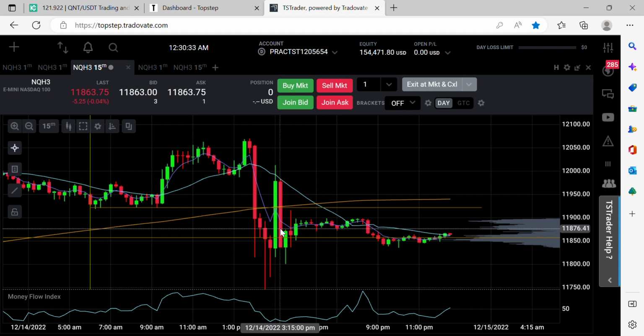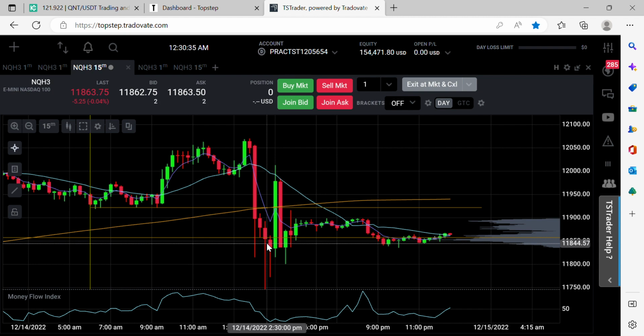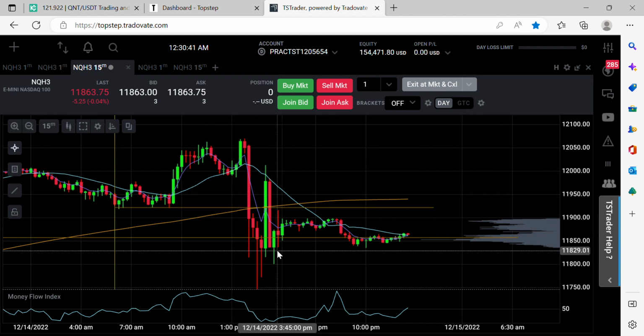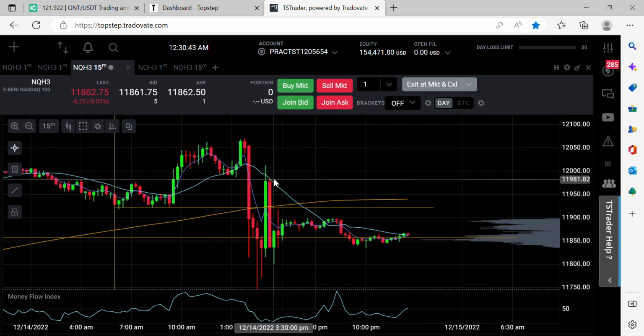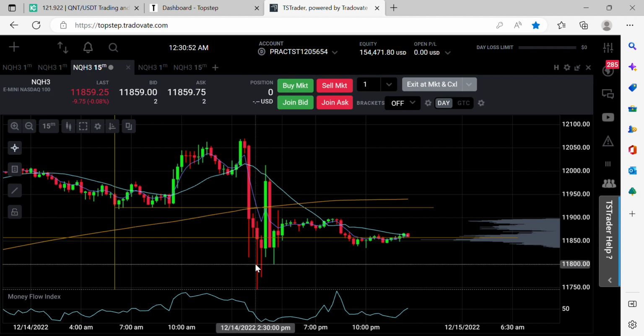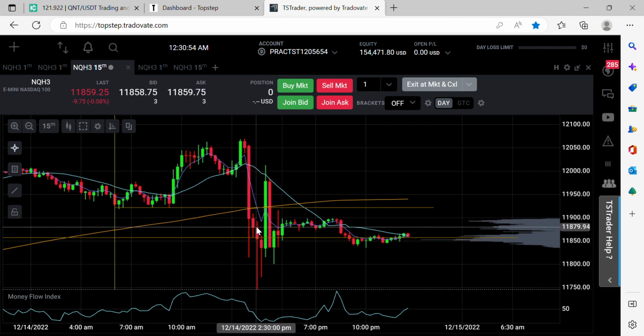But what you're really going for is you want a retrace. Just like with any power move, you're looking for a pullback, which we did get at 3, right? So we had the 2 almost an hour later. We go down, we go down, we go down.